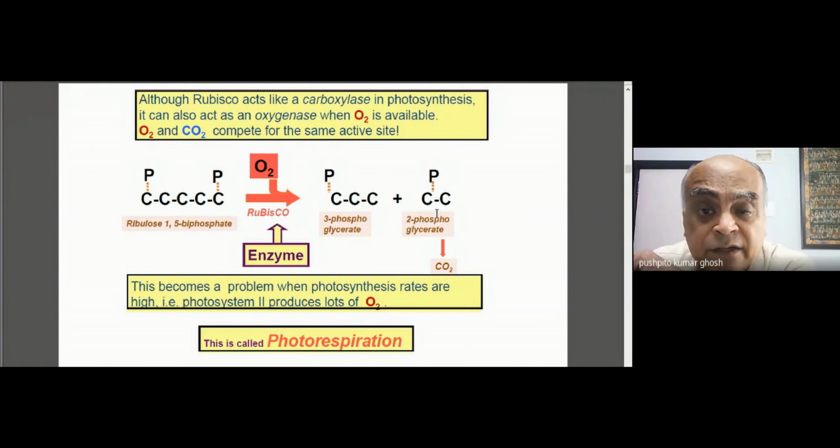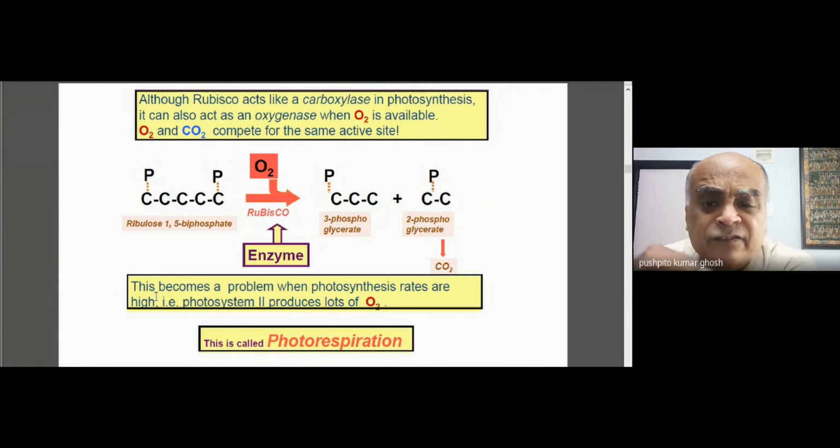And this effectively releases carbon dioxide, and so that leads to a destruction of the ribulose, because you have lost some of the phosphoglycerate in the process.